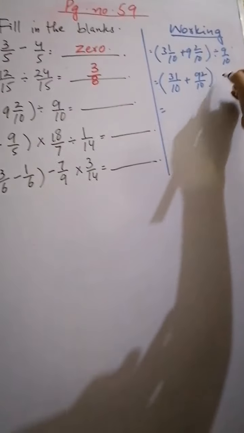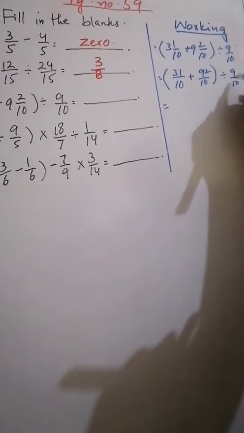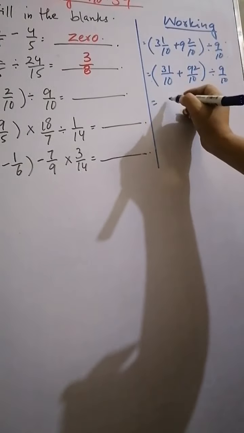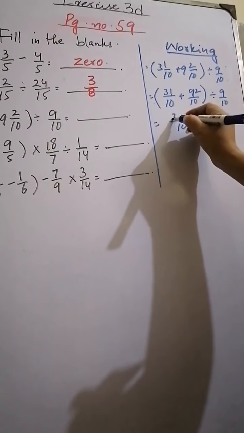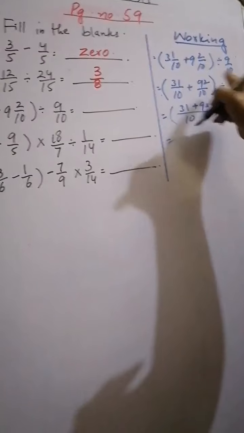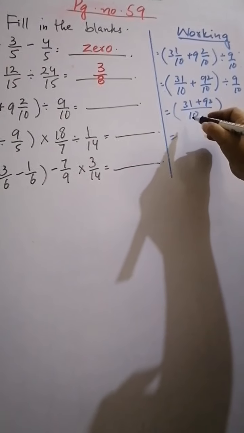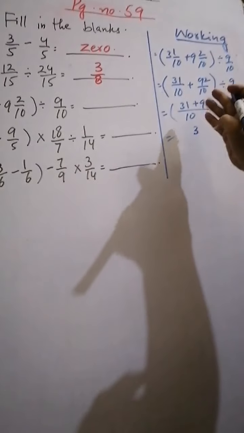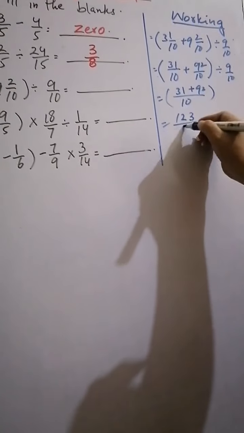Easy, na? So divided by 9 by 10 we will write as it is over here because we don't have to touch it now. So 10 is the LCM, 31 plus 92. Okay, the numerator will be as it is. So we will write over here 123 by 10.